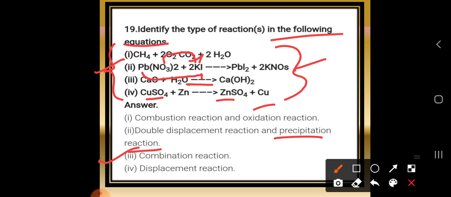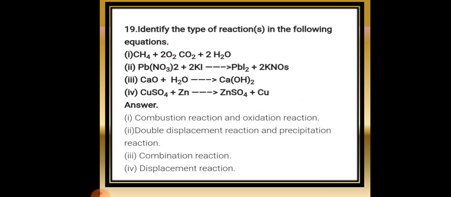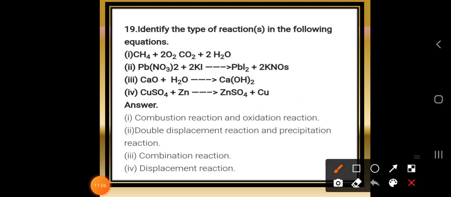Okay, so the fourth example is a combustion reaction and an oxidation reaction. The arrow mark is missing here, so you have to write CH4 plus 2O2 gives, so you have to add one arrow mark. CH4 reacts with oxygen and you get carbon dioxide and H2O.